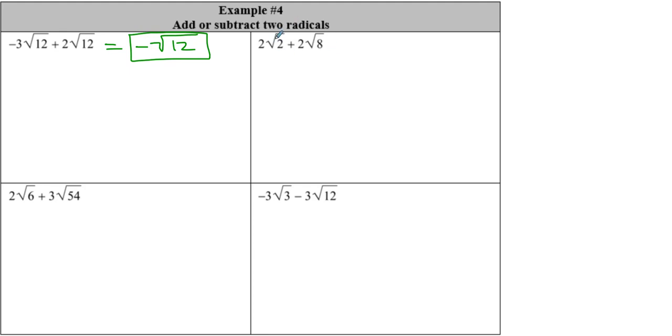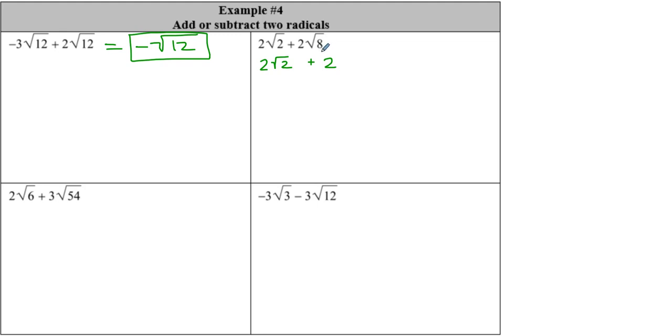Uh-oh, spaghetti-o, what happened here? Well, here I got 2 radical 2, and here I got 2 radical 8. Well, I can't simplify radical 2, but can we simplify radical 8? We sure can. So let's take a look at that. So we're going to drop this down, 2 radical 2. Okay, this is going to turn into 2.